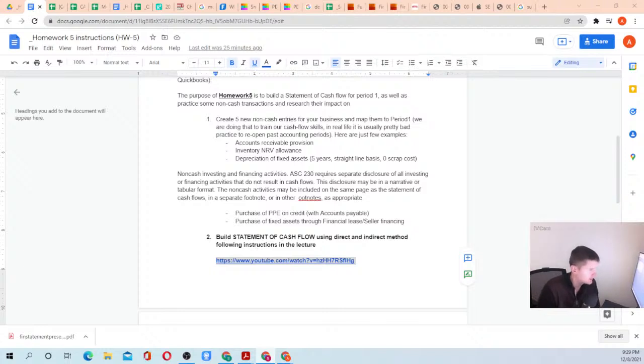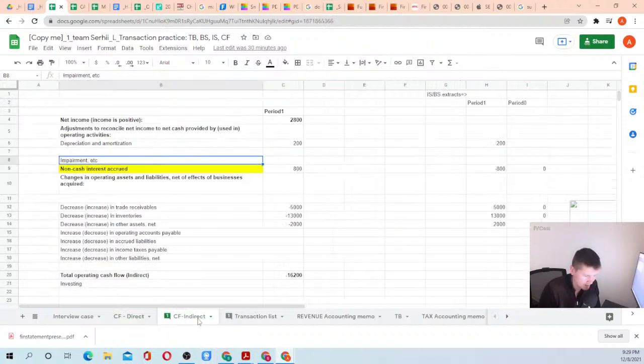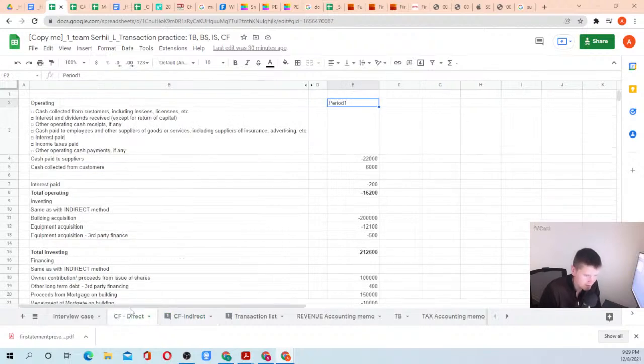Okay. So that is a session where we prepared cash flow by the direct method for period 1 and cash flow by the indirect method. Let's do a quick recap of what we did.